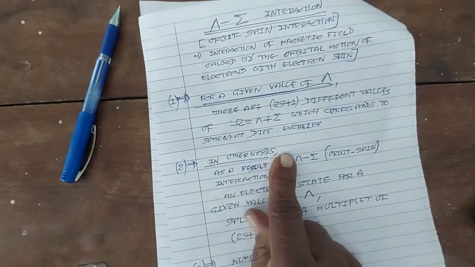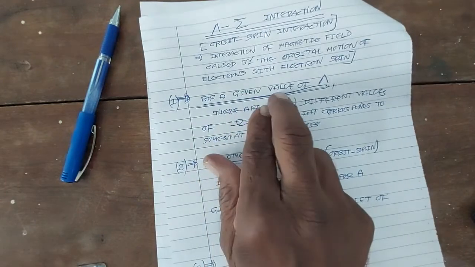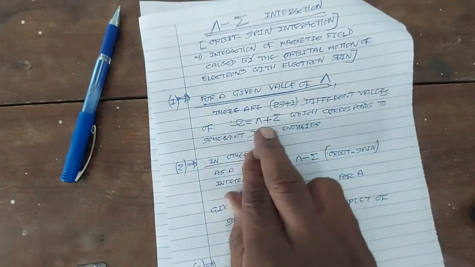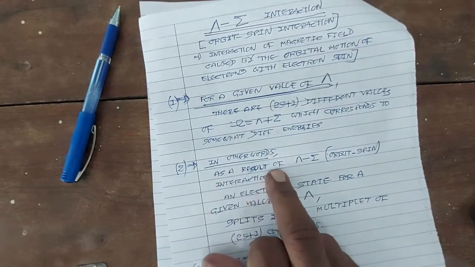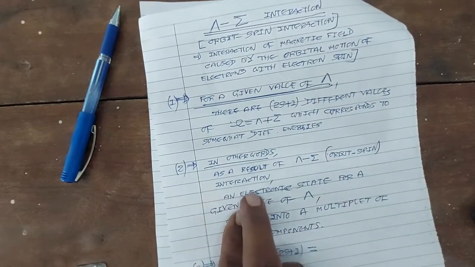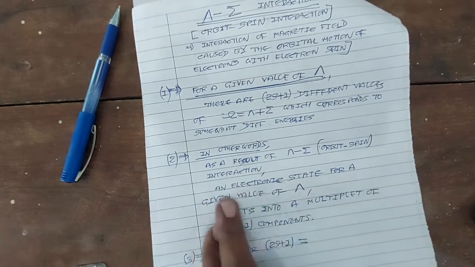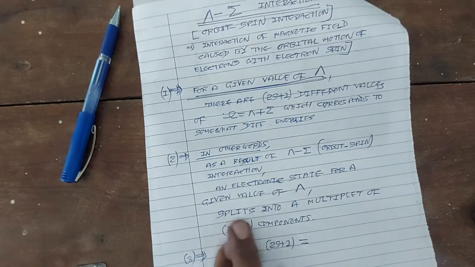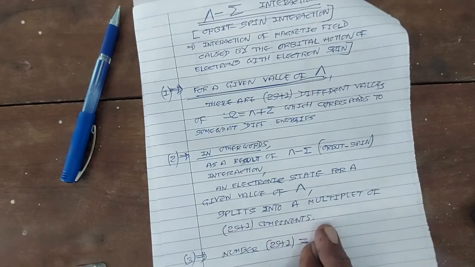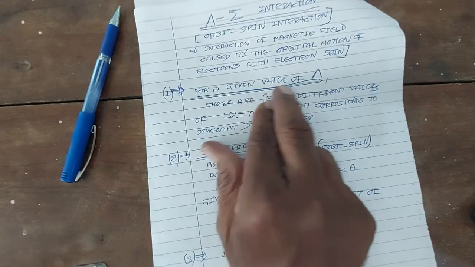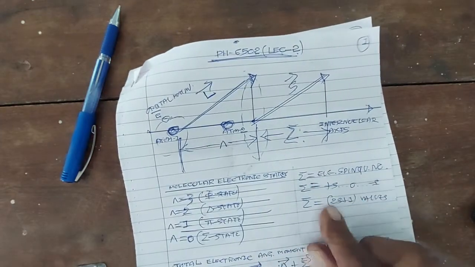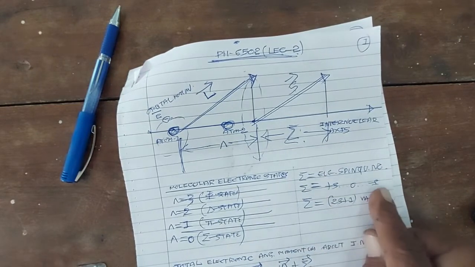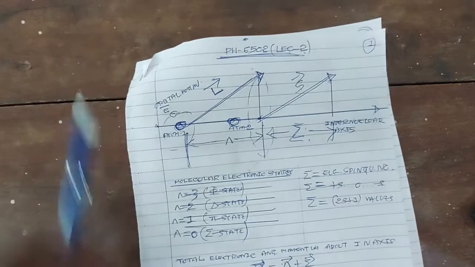In other words, as a result of orbit spin interaction, an electronic state for the given value of lambda splits into a multiplet of 2S plus 1 components, because the spin quantum number sigma has 2S plus 1 values from plus S to minus S, so the total quantum number omega also has 2S plus 1 values.